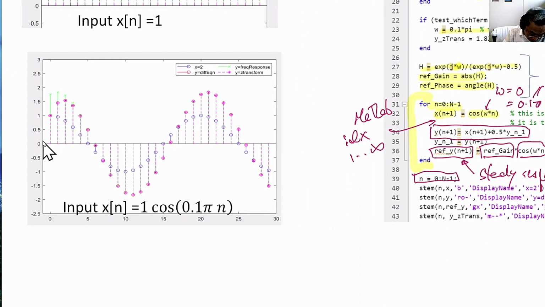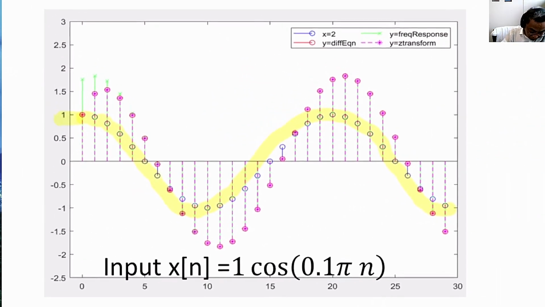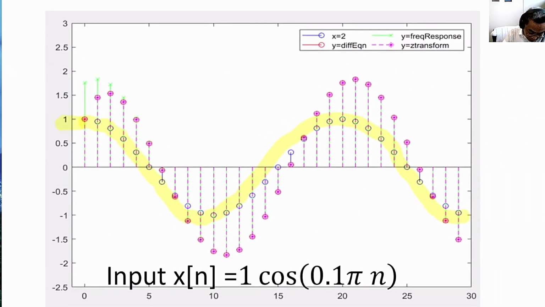Again, my blue circle is cosine 0.1 pi with amplitude 1. And my green guy here, after a while it becomes the same as the rest. This green guy is the steady state response, while this, now I'm going to shade it using maybe red, is the transient.